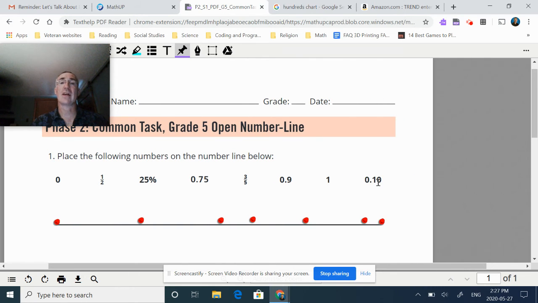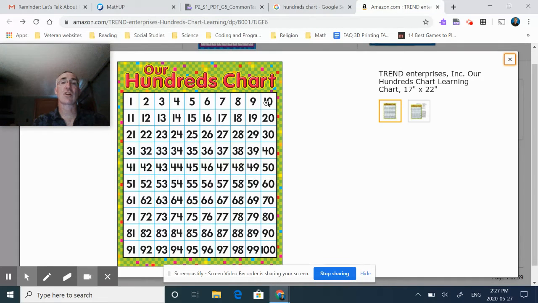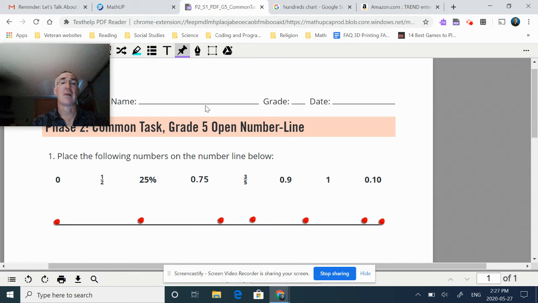And finally, my last one, 0.1 or 1/10 or 10 hundredths. If I look at my chart here, I can see that's way up at the top. That's actually between my 0 and my 25, and it's a little bit closer to my 0.